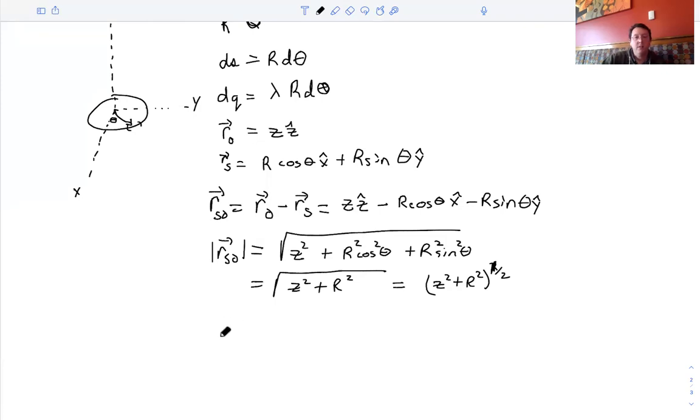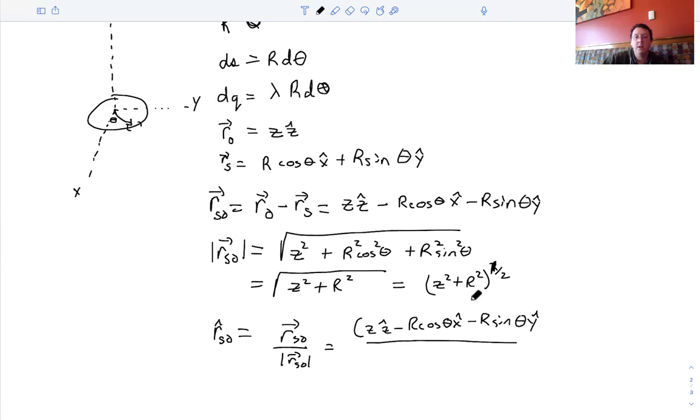Then the unit vector r_SO hat is simply r_SO divided by the magnitude of r_SO. If you think about that, it'd be z hat minus r cos theta x hat minus r sine theta y hat, all divided by z squared plus r squared to the 1/2.